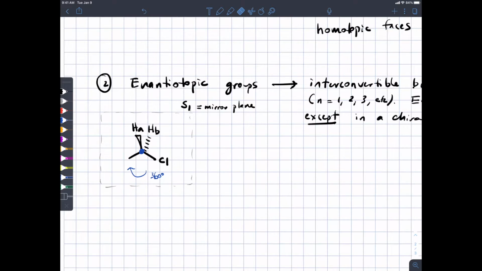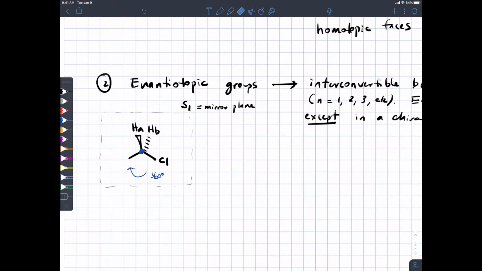So enantiotopic groups are equivalent except in a chiral environment. So what this means is, if I were to have some chiral molecule that bound this molecule, imagine your hand is a receptor for this molecule, and your hand is chiral, right?